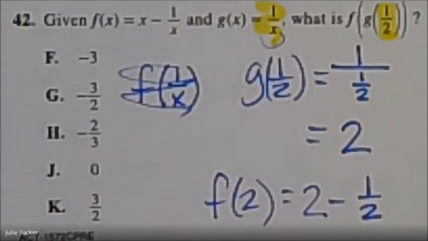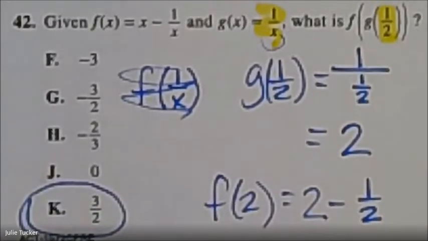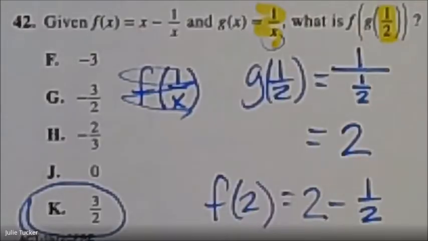So 2 minus 0.5 is 1.5. So it's not a negative number, and it's not 0. So the only answer that makes sense is right there. Because 3/2 is 1.5. All right, next question.